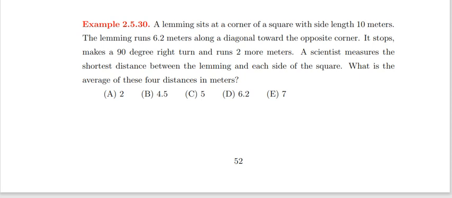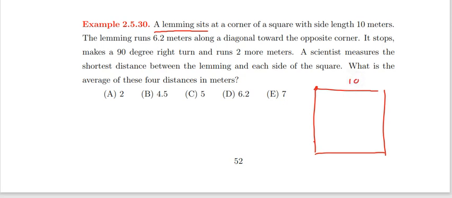So for this problem, this is a robot set at the corner of a square with sides 10 meters. So here we have a square. Set it to here, and the side is 10.